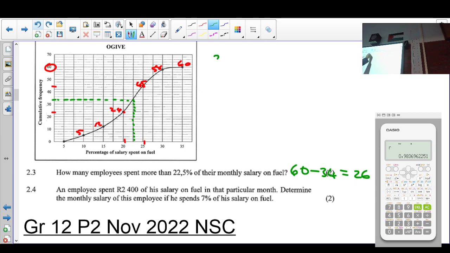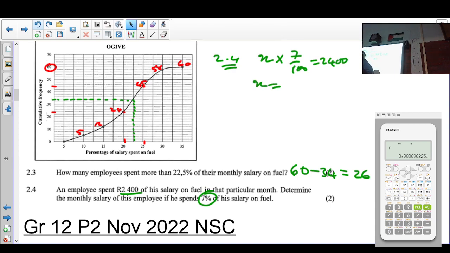So in 2.4, say his monthly salary is X. So what they did was they multiplied that by 7% to get 2,400 there. Not so. So it's X times 7%, so it's 7 over 100, equal to 2,400 Rand. So X is equal to 2,400 divided by 7%.